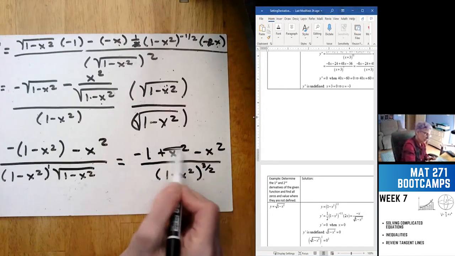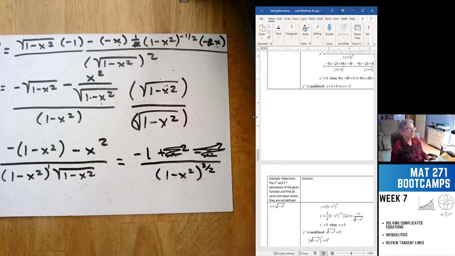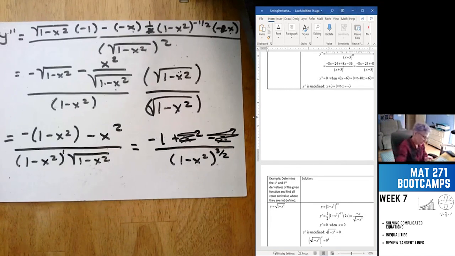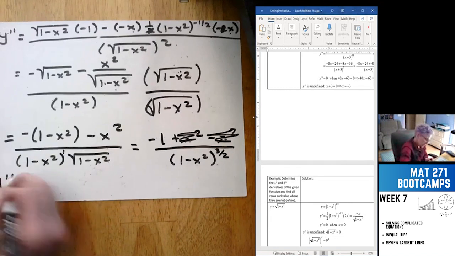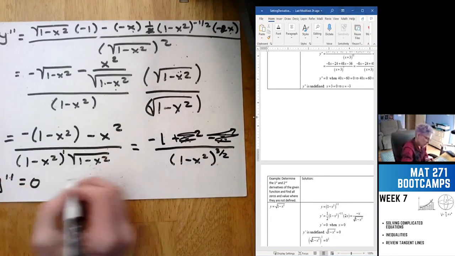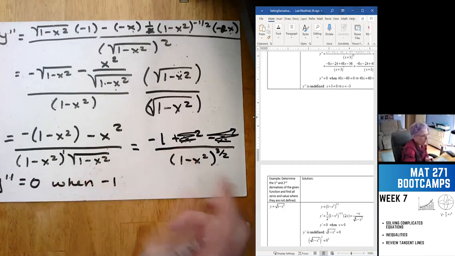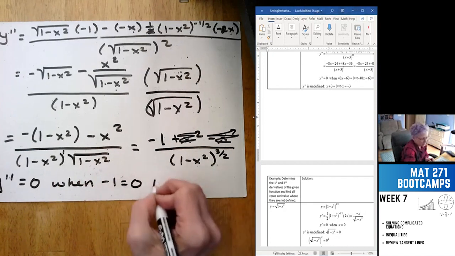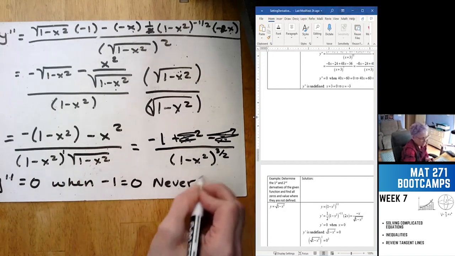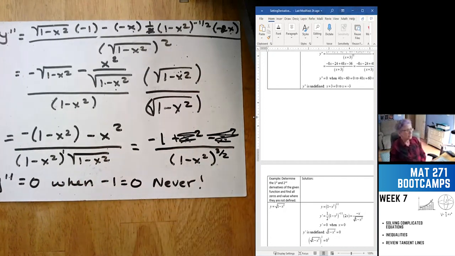X squared minus x squared goes away. So my second derivative is equal to 0 when the numerator equals 0. That will never ever happen. -1 is never going to equal 0 no matter what.